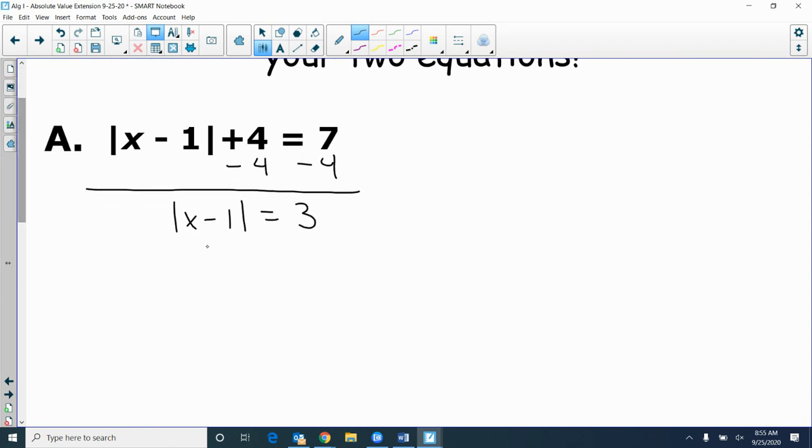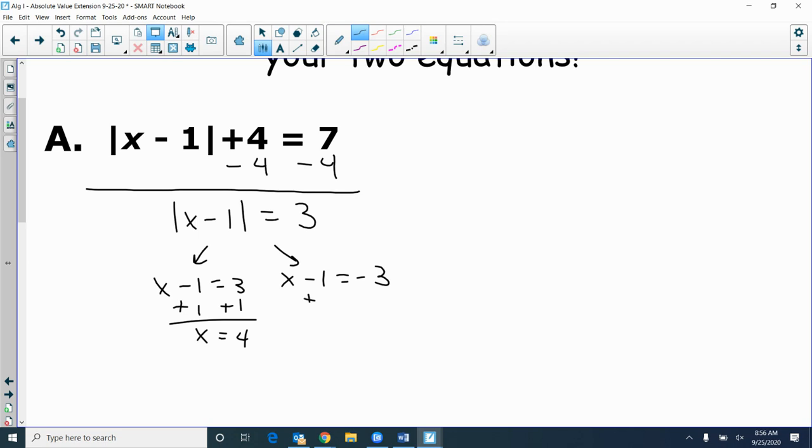At this point, now you can break it apart into 3 and negative 3. And when you break it apart, that's when you don't write the absolute value. So I add 1, I get x equals 4.